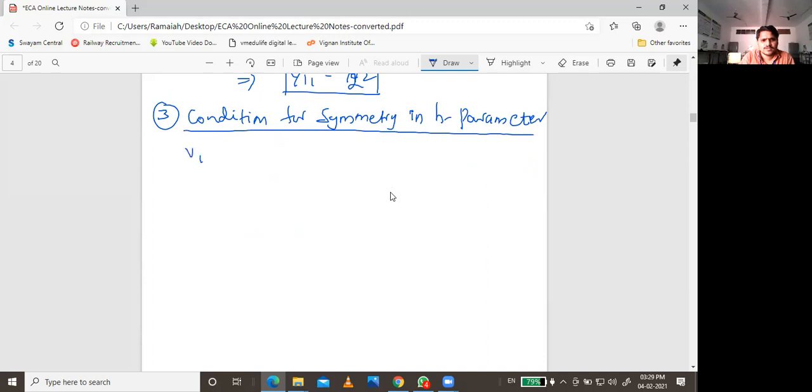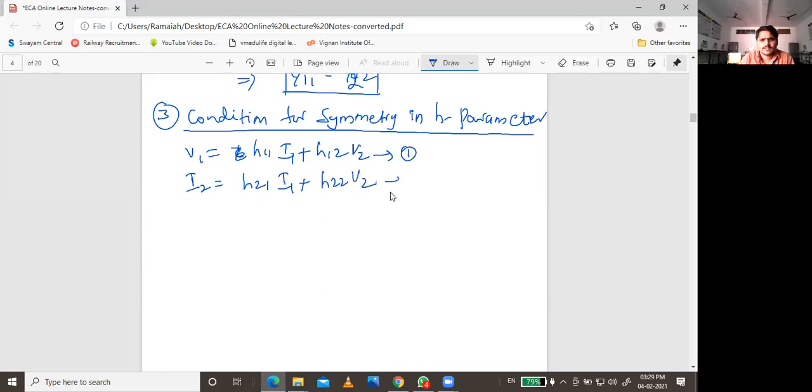Write down the equations. V1 is equal to H11 I1 plus H12 V2. So I2 equal to H21 I1 plus H22 V2.